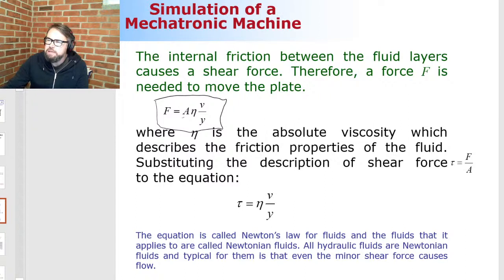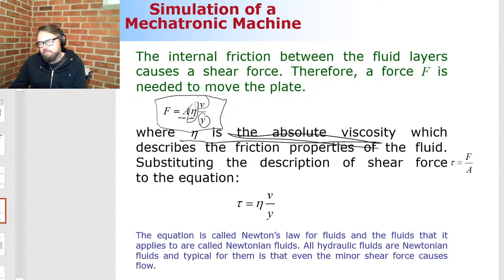So it is the cross-section area of the plate, and then something that I'm going to explain in a minute, so let's call it mu. And then I have here this velocity, and the y that was telling you how far off the plate is from the ground. Now, this mu here is called absolute viscosity.